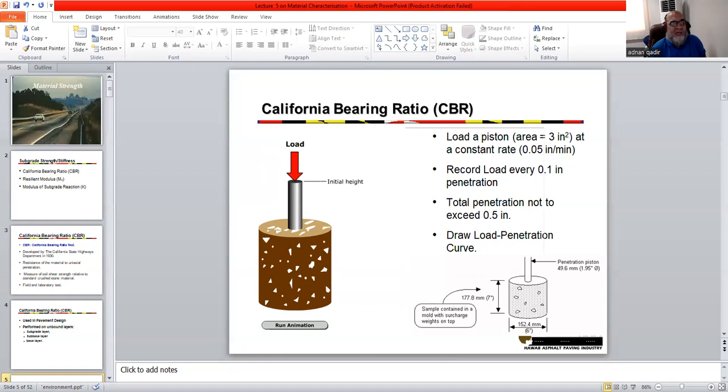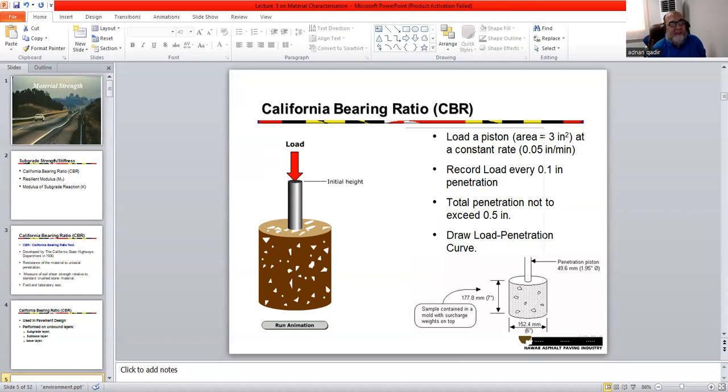Normally the total penetration does not exceed 0.5 inch, and if the sample exceeds 0.5 inch, we stop the test at 0.5 inch.